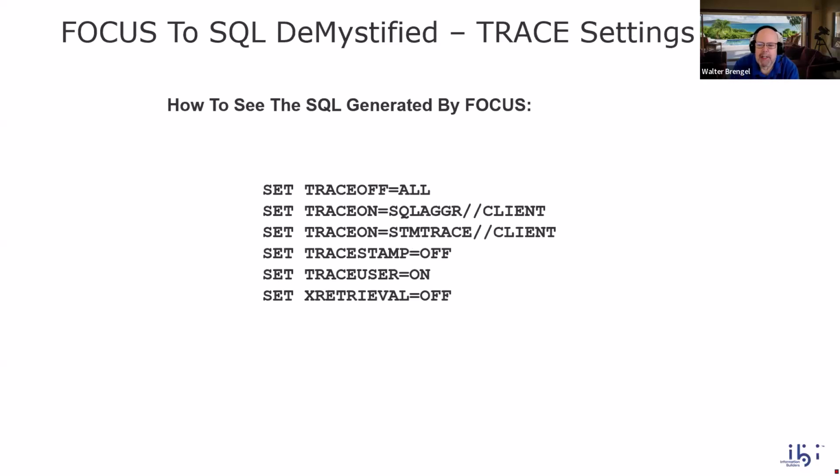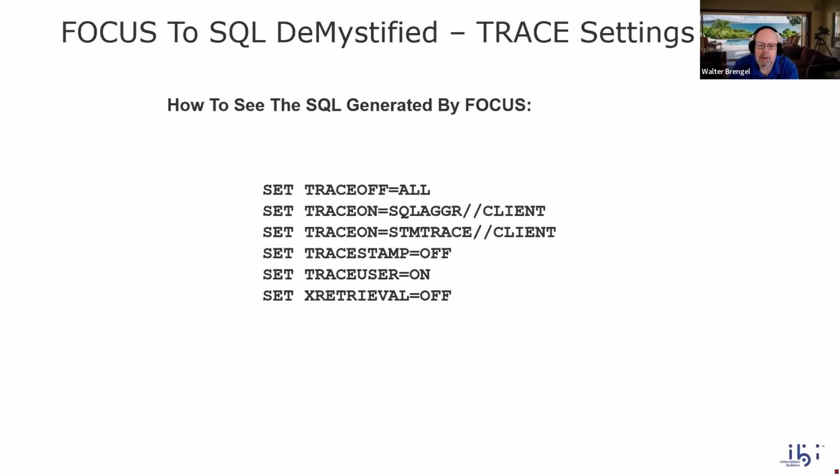To see your traces, you're going to have to do some trace command settings prior to running your query. All right, so the first one here, I'm doing a set trace off equals all. That basically says any traces that were already defined as on, I want you to turn them off. Now, why are we doing that? When you start WebFOCUS or FOCUS, there's a certain set of traces that are defaulted on.